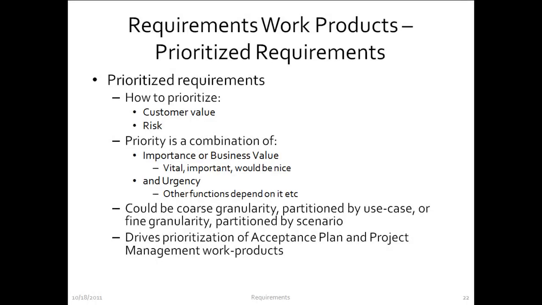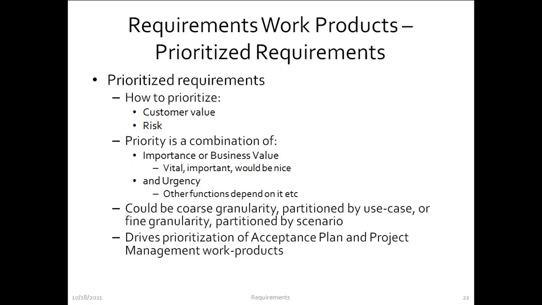The next structured work product is known as prioritized requirements. And actually, you might think that this belongs not so much in requirements, but really in project management work products. And you might be right. But the basic idea here is to take all the requirements, both functional as well as non-functional, and prioritize them.